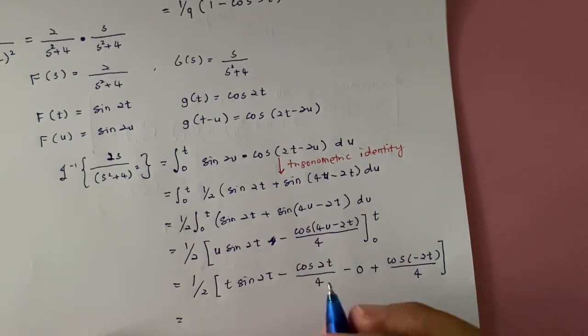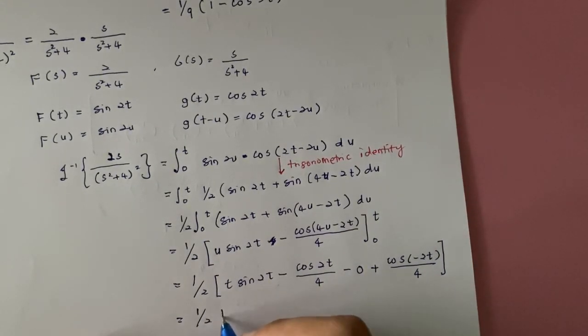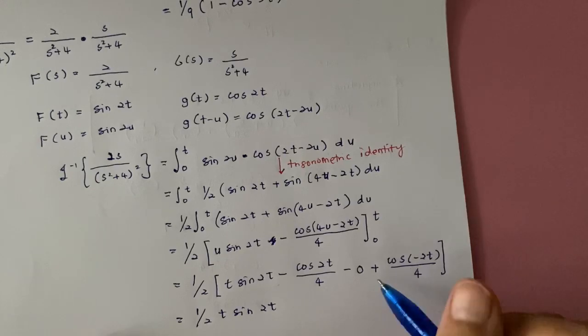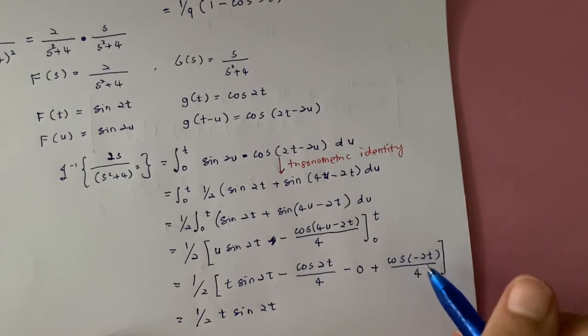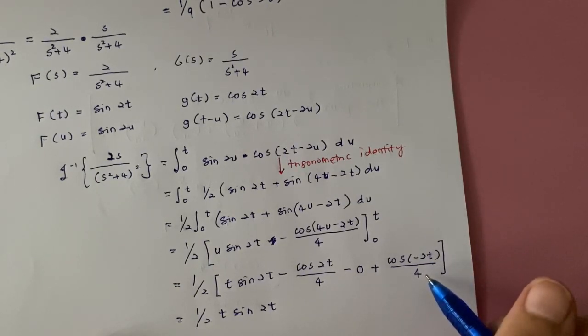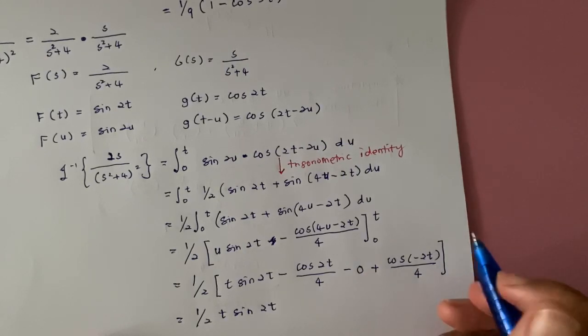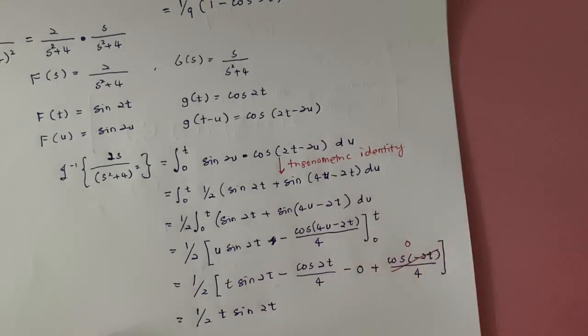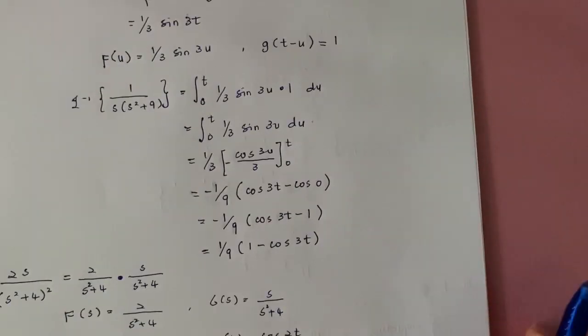So this is equal to 1 over 2 t sine 2t. What happened to the plus cos of minus 2t over 4? This cos 2t over 4 cancels to 0, so there is no value for this term.